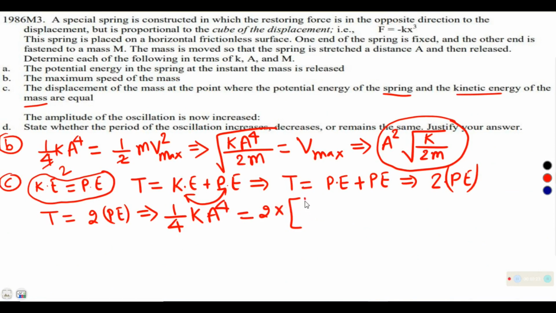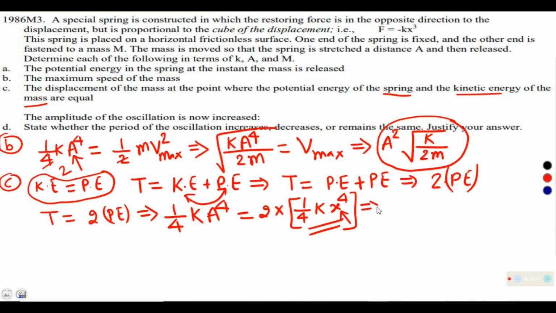So this will be 1 by 4 k x raised to power 4. This is the formula of potential energy, which we found in the first part. Just like there it was written a because it was the maximum potential energy, but for the general case we write a general displacement.